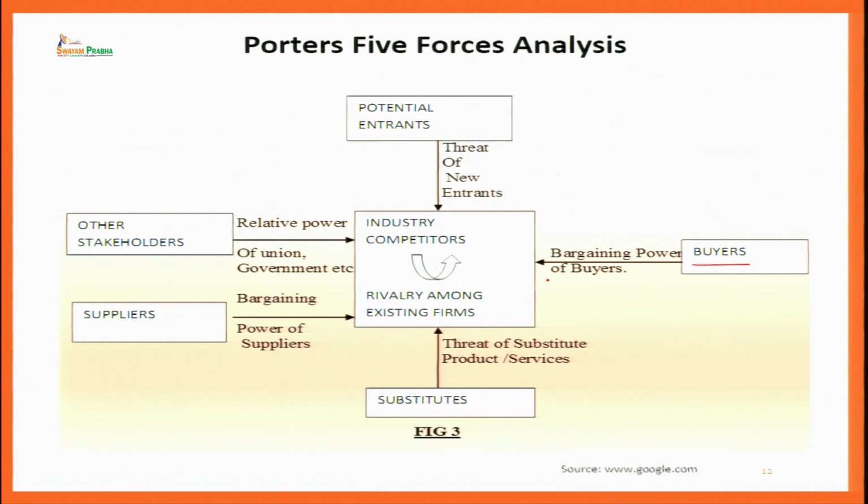Just take an example of the buyers' bargaining power. The buyers' bargaining power would be high, very true, when the buyer is having multiple options. That means they are having brand choices, and if they are having brand choices, their bargaining power is going to rise. So why are my buyers having high bargaining choices? Because I might have a product which is very much standardized, so I should go for some differentiation.